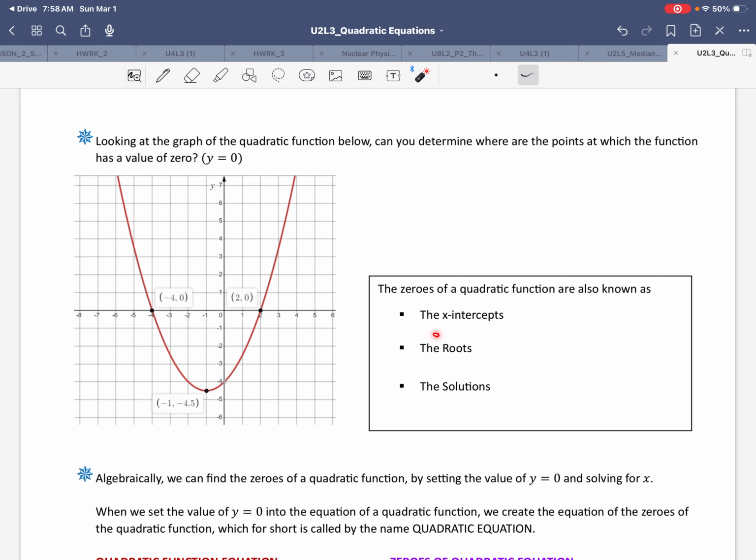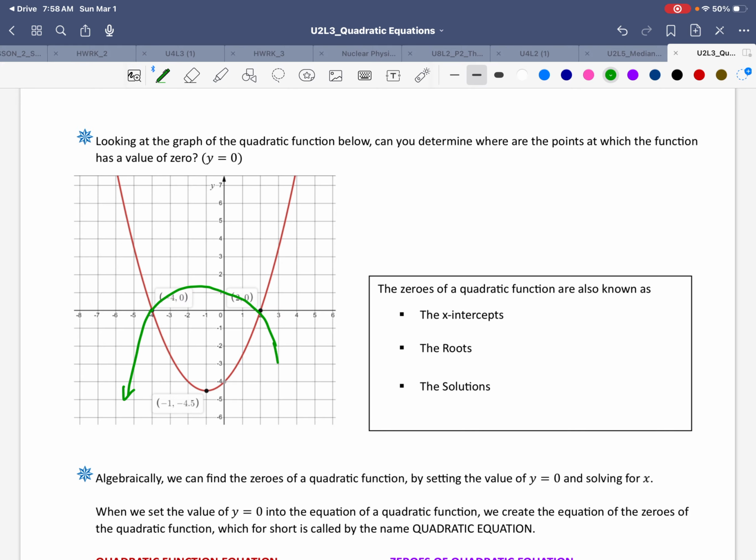Now, the reason why we call them the roots is because there are many quadratic functions that can have the same x-intercepts. So when you think about it, this quadratic function has the x-intercepts at -4, 0, but how many parabolas or graphs of quadratic functions can you draw with the same zeros? You're probably thinking that you can draw a graph that looks like this with the same zeros.